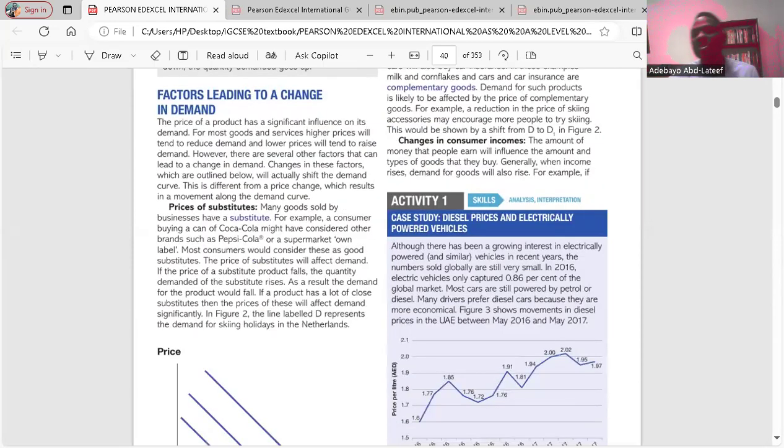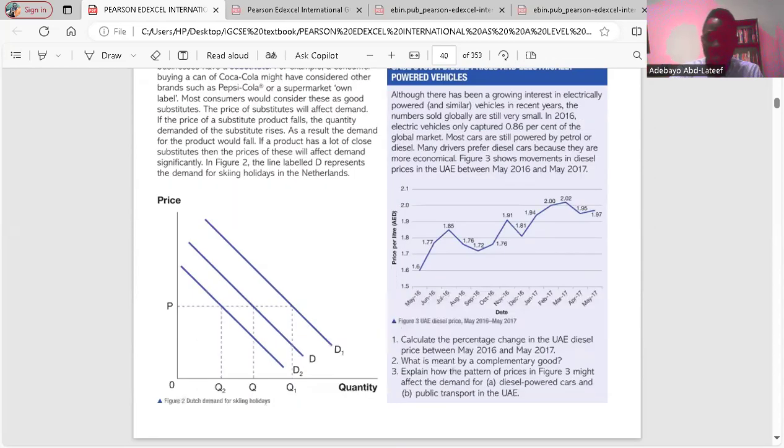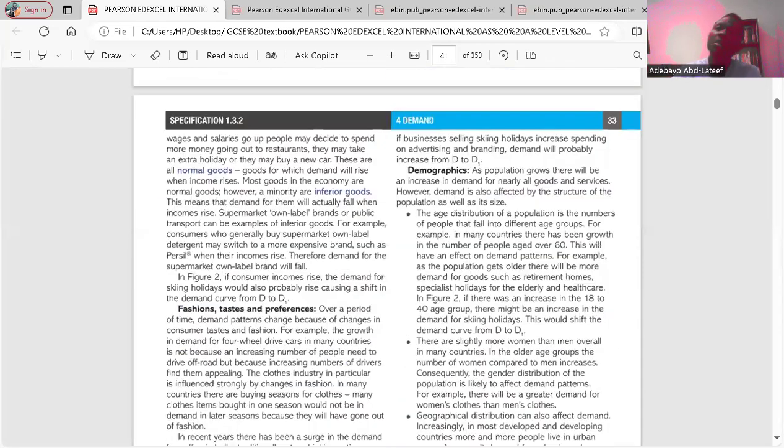The third one, changes in consumer income. The amount of money that people earn will influence the amount and types of goods that they buy. Generally, when income rises, demand for goods will also rise. So changes in income also affect demand. If the level of income increases, demand for goods will increase in that economy, especially for normal goods.